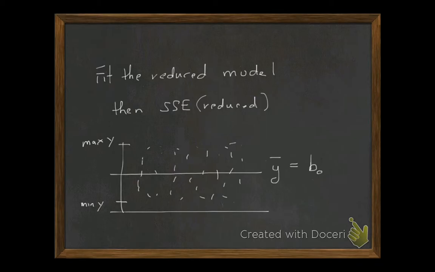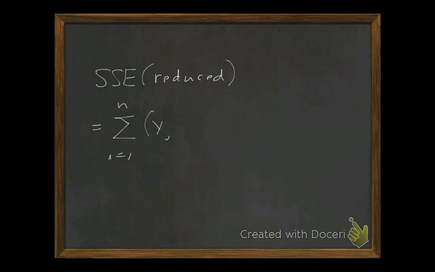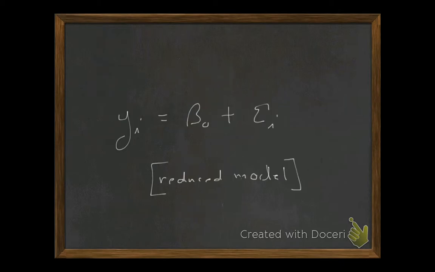Because again, we want our line to go down through the central focus of our data. So gang, because of that, we can say that the sum of square error for the reduced model will be the sum from i equal 1 to n. Let me be consistent, let me go back. I want to check something out here.